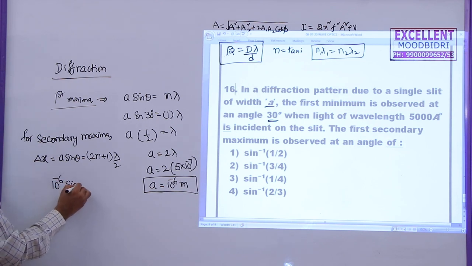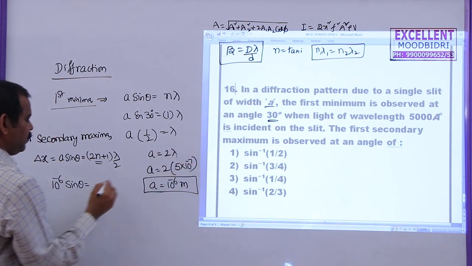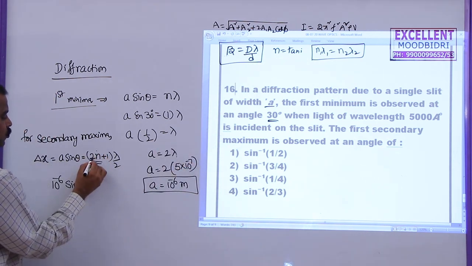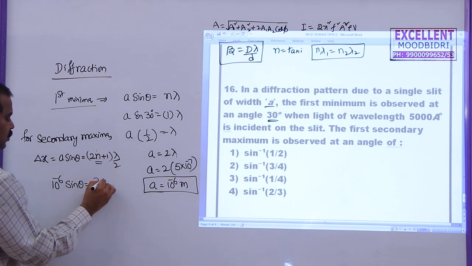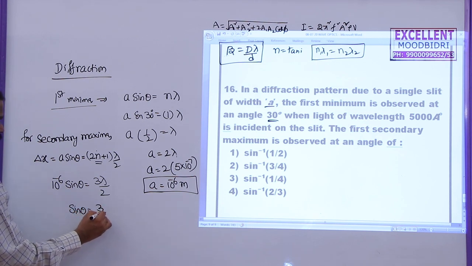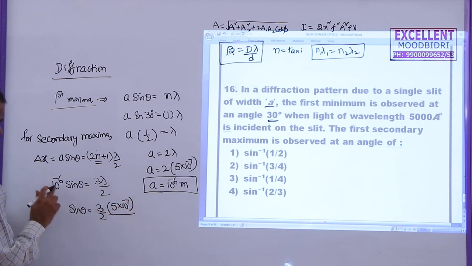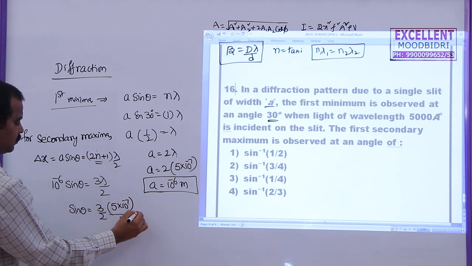This is sin theta we are finding. n is equal to first secondary maxima, so n is equal to 1. 2 ones are 2 plus 1, 3 lambda by 2. So this sin theta is given by 3 by 2 into lambda, 5 into 10 power minus 7, divided by 10 power minus 6 here.